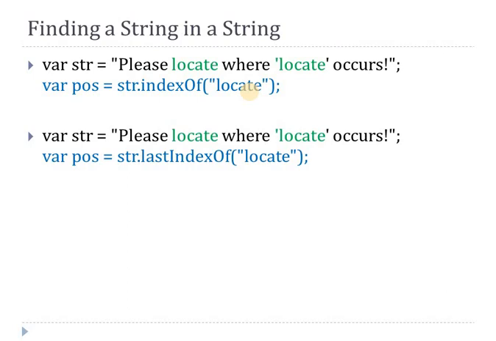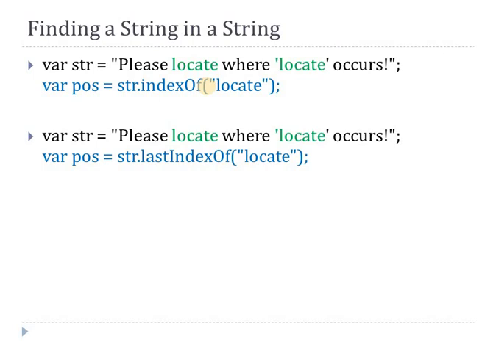After that, there is also another version of this method, that is lastIndexOf locate. Now the difference between these methods is that if there are multiple matches of the particular parameter you have passed in that string, then lastIndexOf will look for the last match of that particular word.